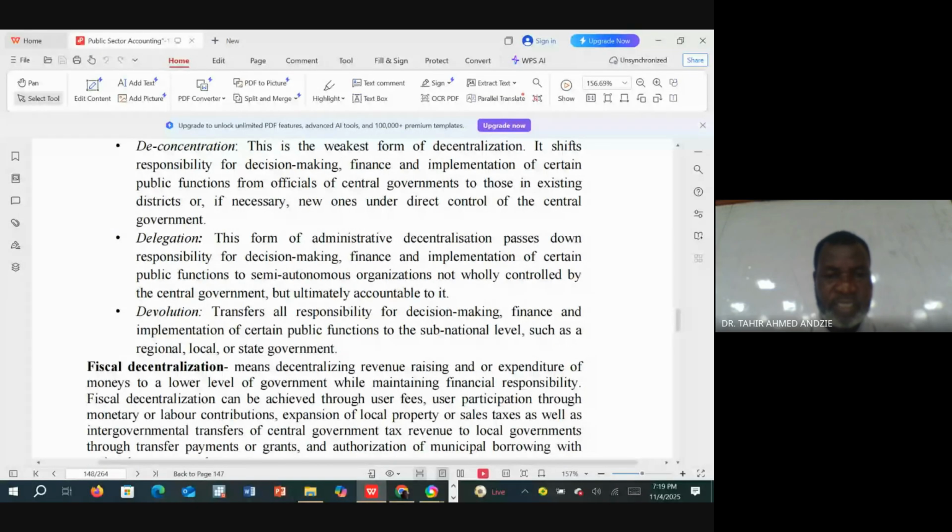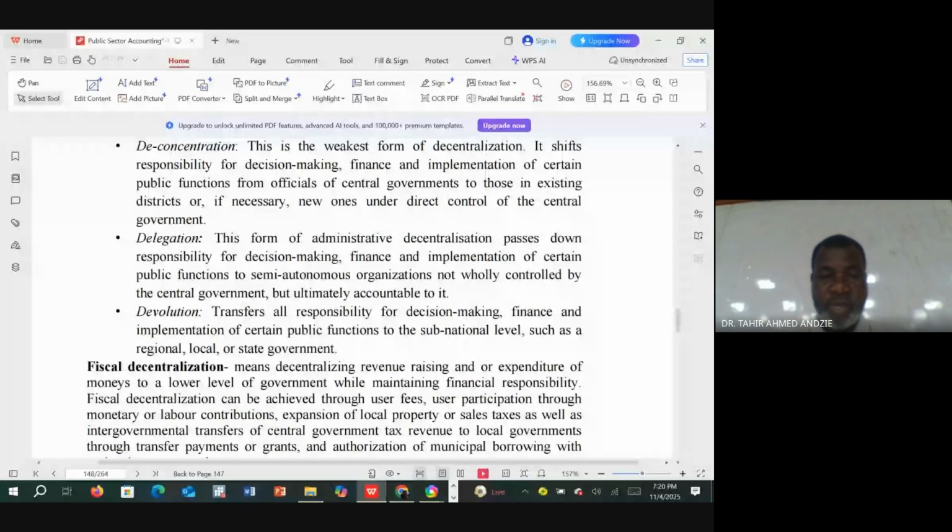Then we have delegation. This form of administrative decentralization just passes down responsibility for decision making, finance, and implementation of certain public functions to semi-autonomous organizations, not wholly controlled by the central government, but ultimately accountable to it.